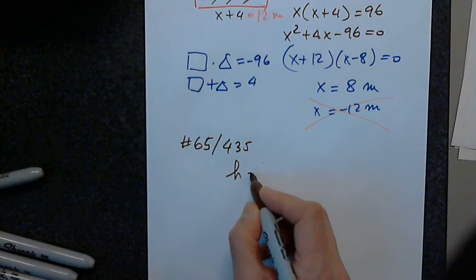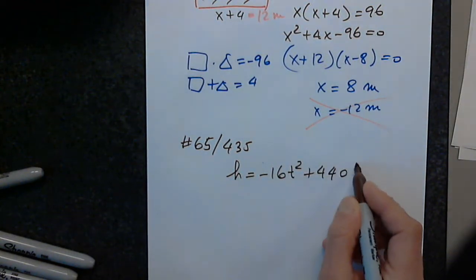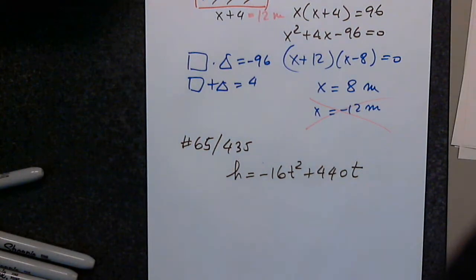And h is given to us as negative 16t squared plus 440t. How many seconds pass before the rocket reaches a height of 2,800? Find how many seconds pass before the rocket reaches a height of 2,800. Explain why, and so on.